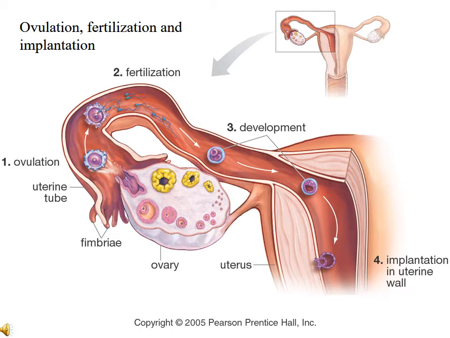To start with, ovulation is the release of an egg into the uterine tube. The egg, as you can see, is surrounded by cells that support the egg, and once the egg comes in contact with sperm, one sperm will enter the egg and fertilize it, fuse, and form the zygote.